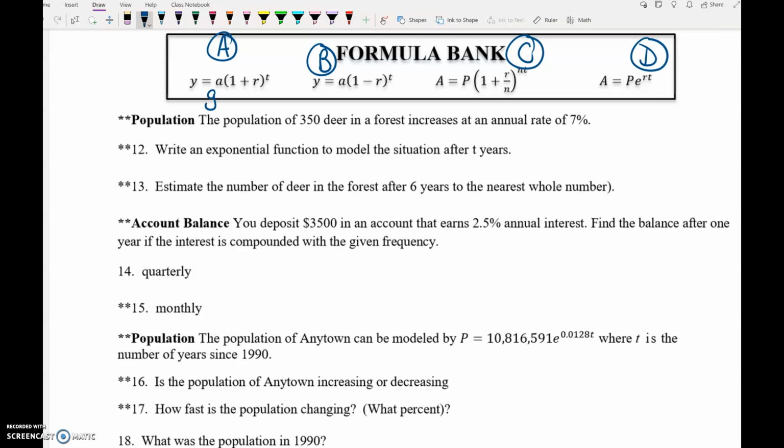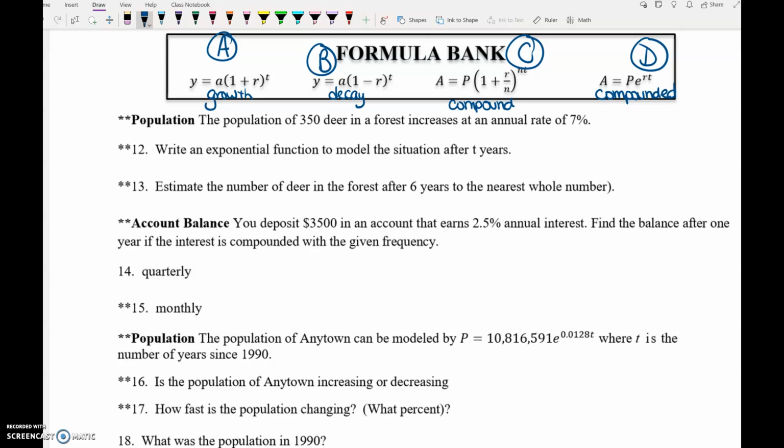The first one is for simple growth. Formula B is for simple decay. Formula C is for compound interest. So if you see compounded quarterly, compounded monthly, compounded daily, compounded and then an LY term after it, that would be formula C. Formula D is also for compounded, but it's a specific type of compound interest.